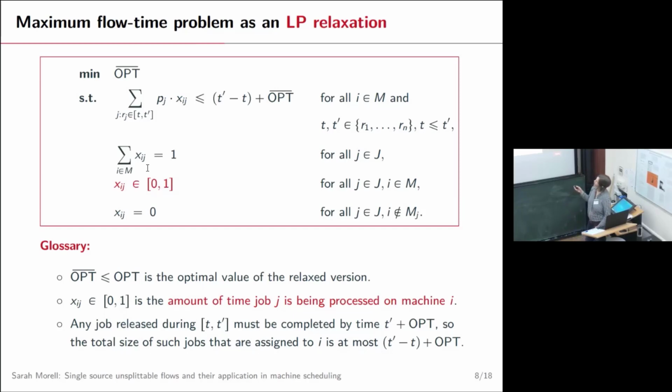From this LP relaxation, we get an instance x, which then corresponds to the optimal value of this relaxed version. And of course, as we're minimizing, we have a relaxation, so this value opt bar is at most the optimal value, or the value of the optimal schedule.